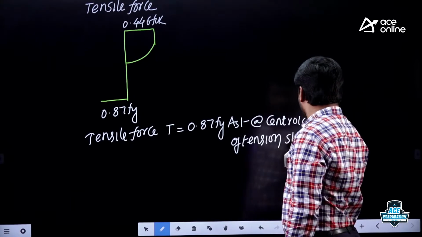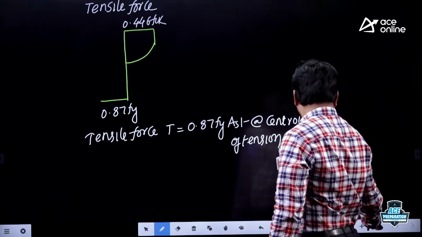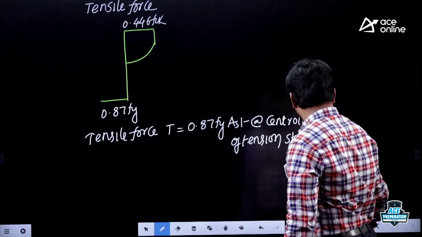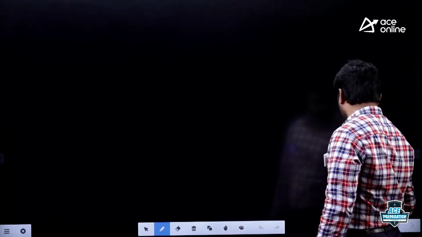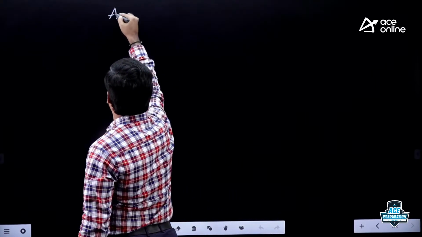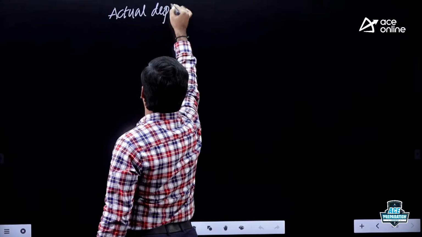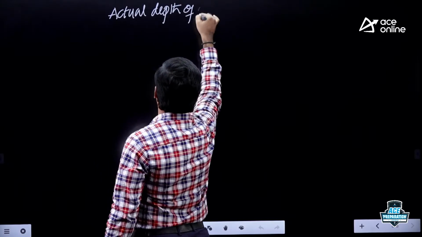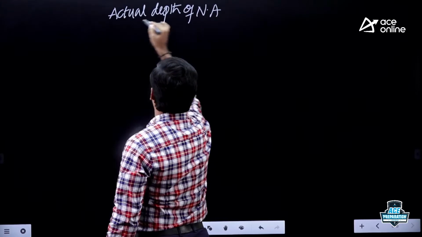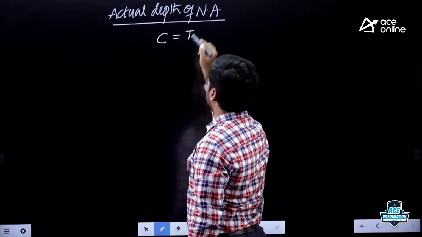Then how to get the actual depth of neutral axis? The concept to find the actual depth of neutral axis is just by equating compressive force to tensile force.